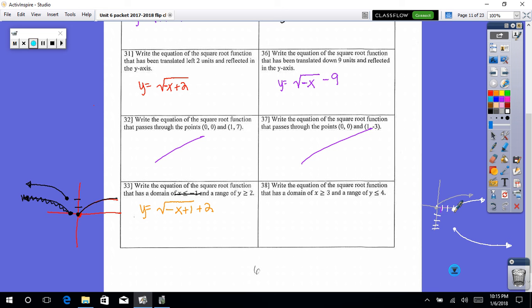This is making my domain greater than 3. Flipping it makes my range every y less than 4, and that is not correct. Totally went the wrong way. It's this 4, not negative 4. Okay, so it goes that way.